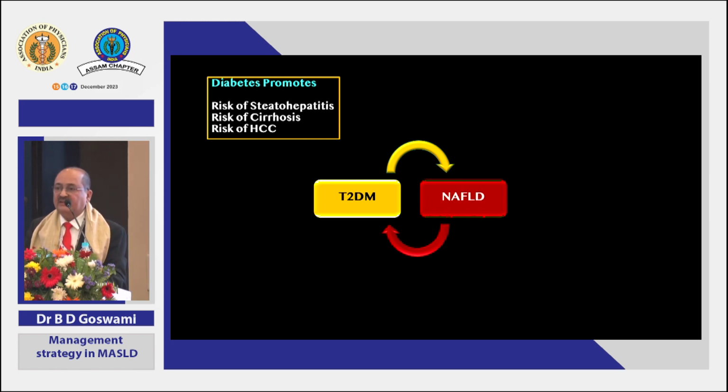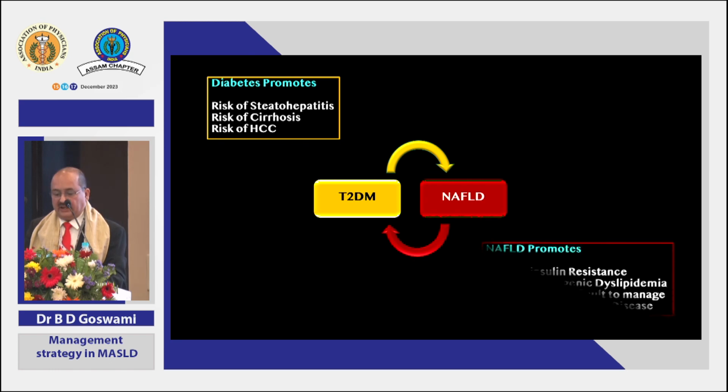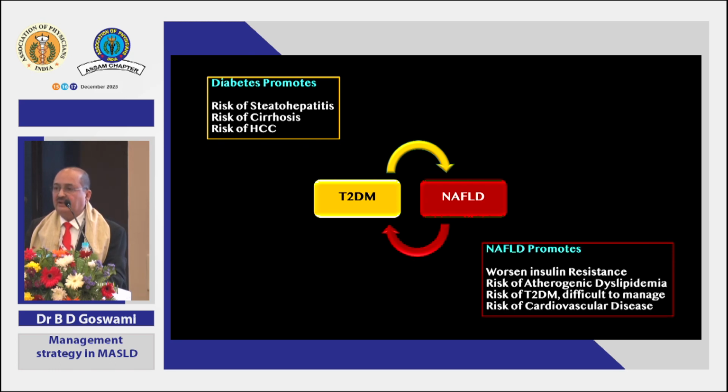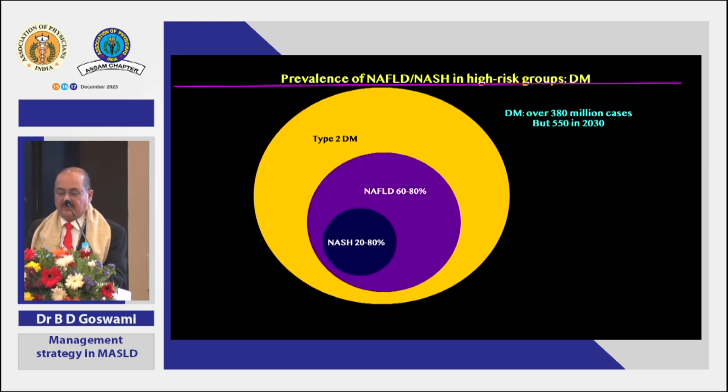And once the patient has NAFLD, it actually enhances the insulin resistance. There is atherogenic dyslipidemia. It is difficult to manage the sugar in those patients, and there is a high risk of cardiovascular diseases with this.